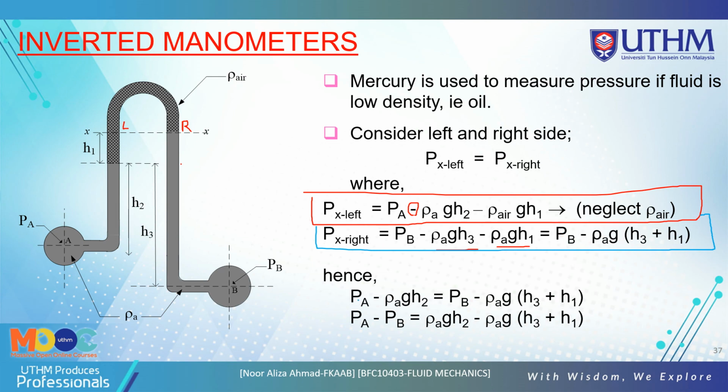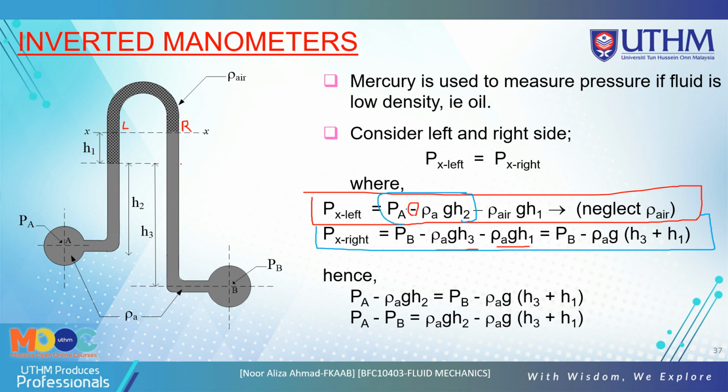So now you just put the P left and the P right here. So just put this one, PA and the PB here. Because this is neglect PA. Okay, PA is low density because the air here is low density, so that's why we just neglect the density of air. Okay, so that's why we just only have this equation.